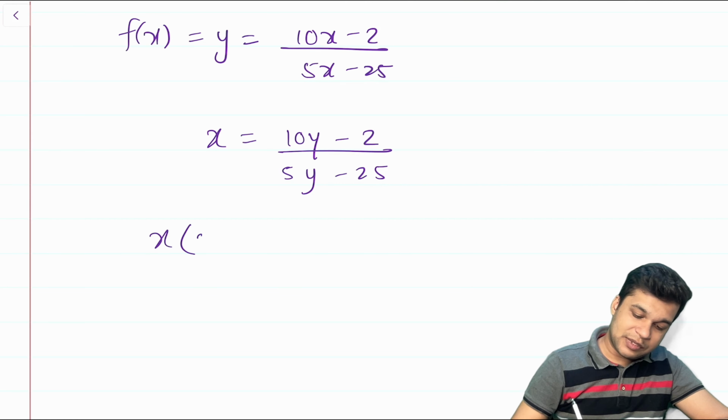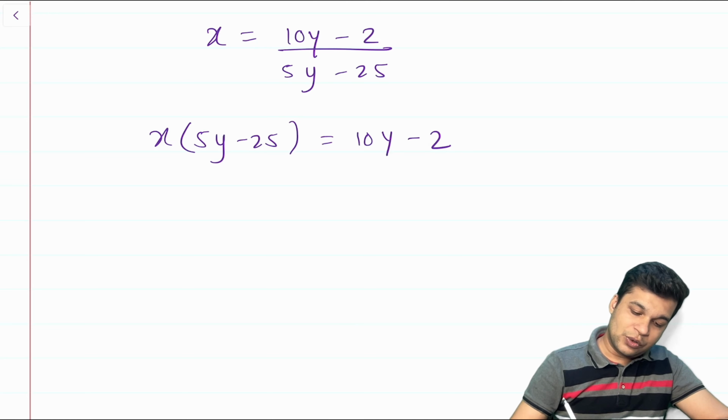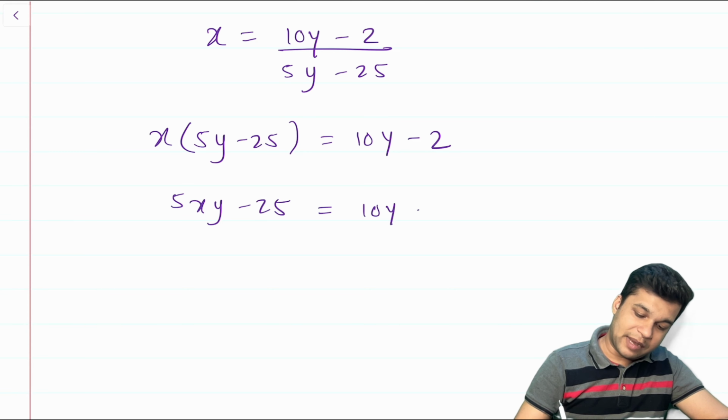So x times (5y minus 25) equal to 10y minus 2. So 5xy minus 25x equal to 10y minus 2.